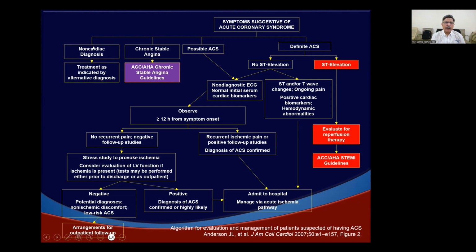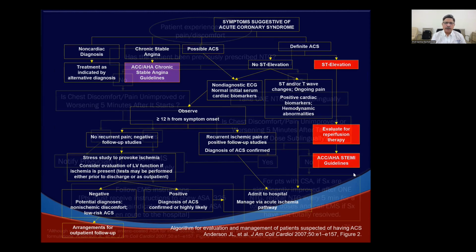So non-cardiac, chronic stable angina, possible ACS, definite ACS. Definite ACS: ST elevation, no ST elevation, do the troponin. With no ST elevation and no troponin rise, observe and repeat them. No recurrent pain and negative follow-up studies, you do an elective stress test to provoke the ischemia. If the stress test is negative, non-ischemic diagnosis. If it is positive, then you have to do the treatment accordingly.